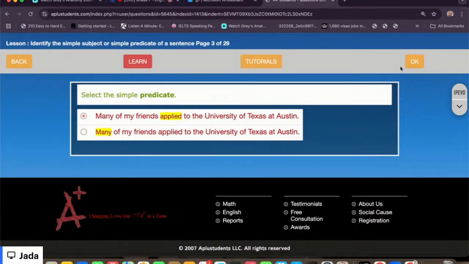All right, so the simple predicate will be applied.